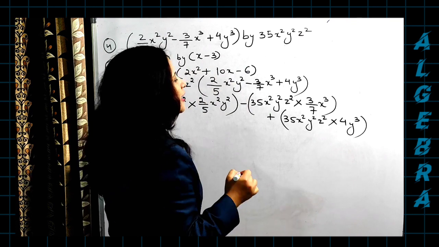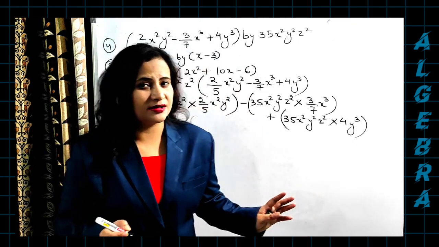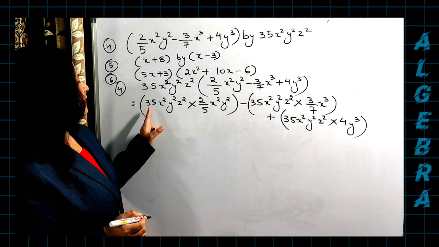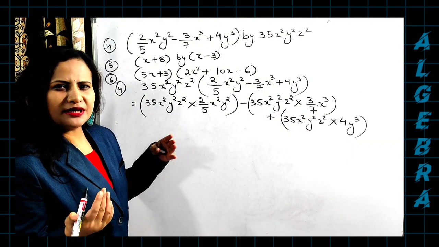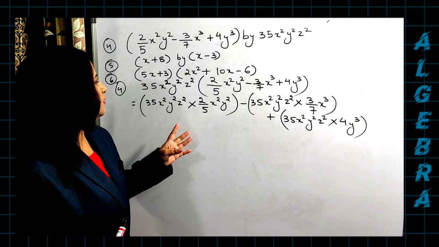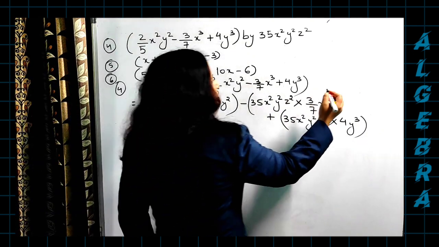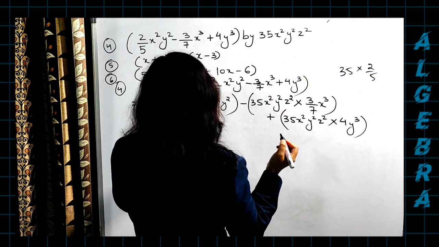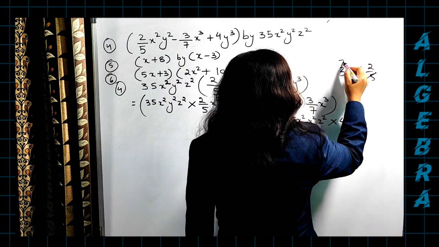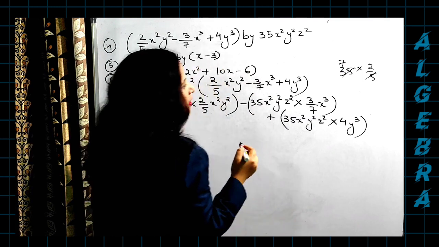Now very carefully we will be solving it, right? As I told you, first multiply the number part. You can multiply it orally also. 35 multiplied to 2/5. 5 7s are 35. What is the answer you got? 7 2s are 14.